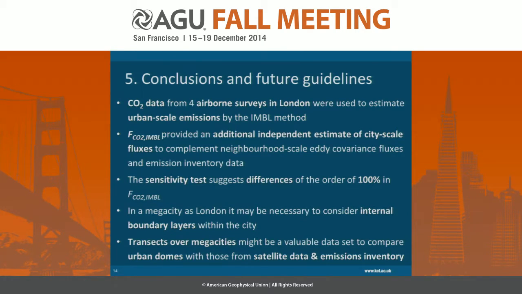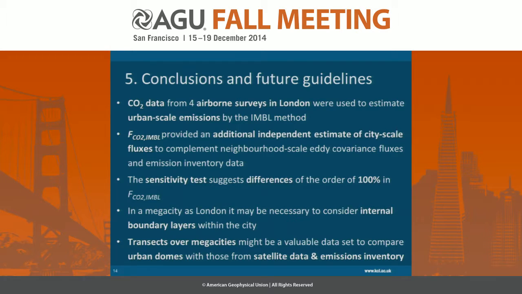And so conclusions. We use four airborne surveys in London to calculate the urban scale emissions by the integrative mass boundary layer method. And this method provided an additional independent estimate of the city scale fluxes that complement neighborhood scale Eddy-Covariance fluxes and emissions inventory.